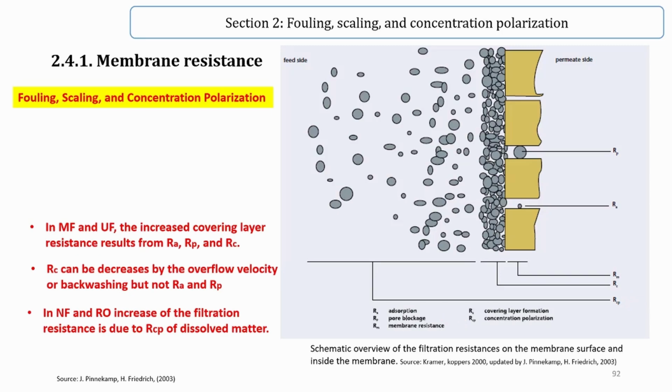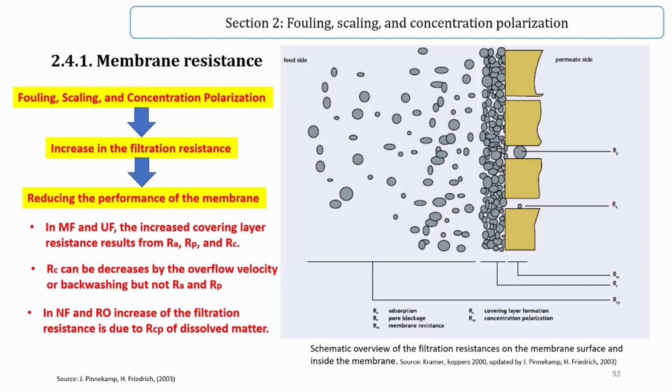The reducing performance of the membrane is based on an increase in the filtration resistance, which increases the output membrane resistance. Concerning the micro and ultrafiltration membrane, the increased covering layer resistance results from adsorption, pore blockage, and covering layer formation itself.